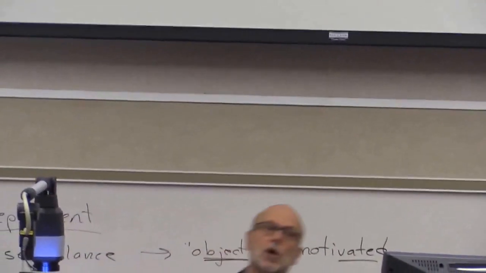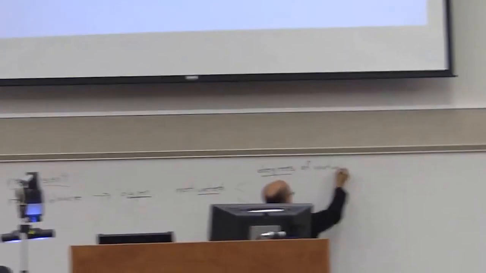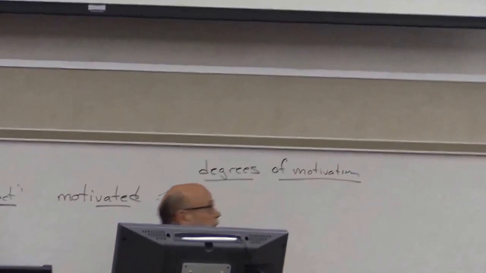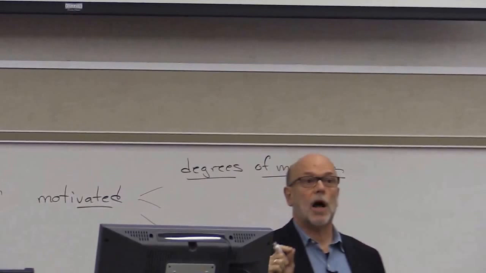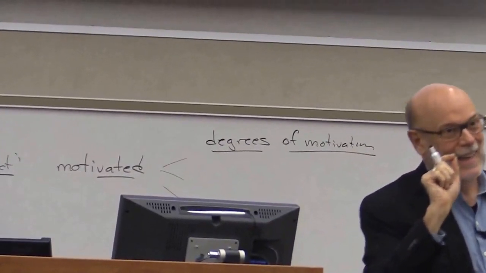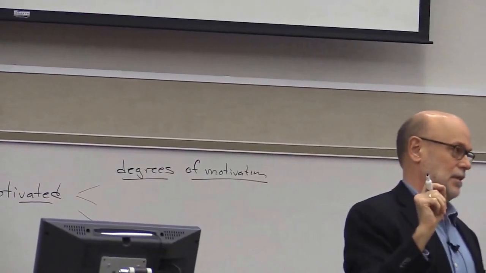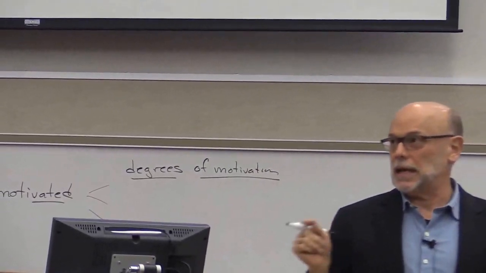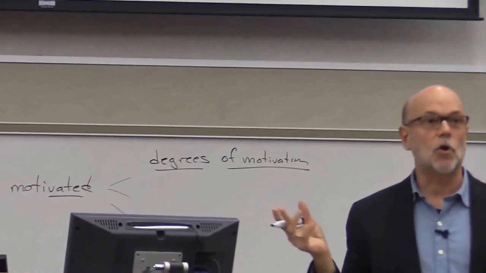Now, to make this even more complicated, there are degrees of motivation, right? We'll just use three examples. If you want an exact resemblance of what it is you're representing, the best way to get it is a photograph, right?